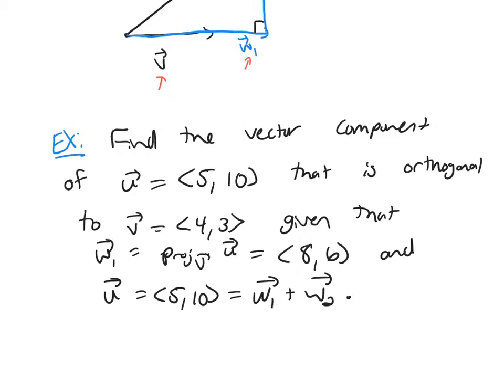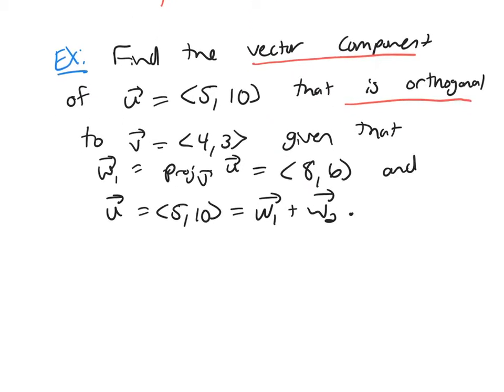So there's a lot being said in this problem, and it might help if we first see what it is asking for me to do. If I go back here, I'm asked for the vector component that is orthogonal. So what they're asking me to find is this W2 right here.